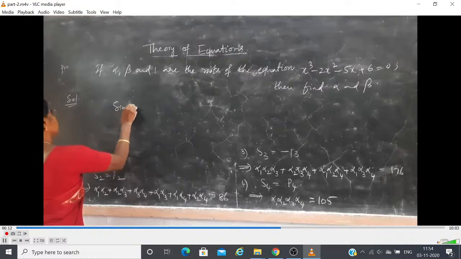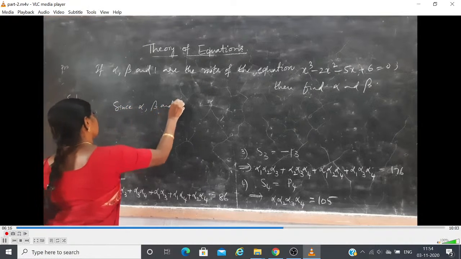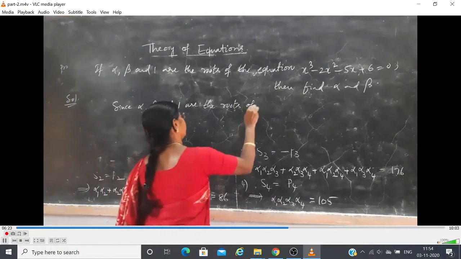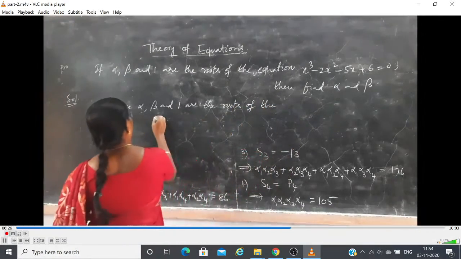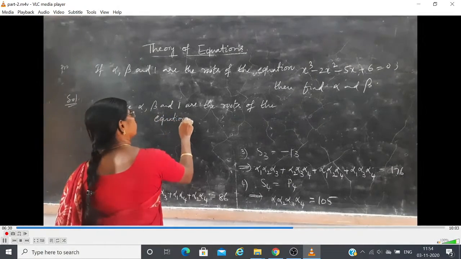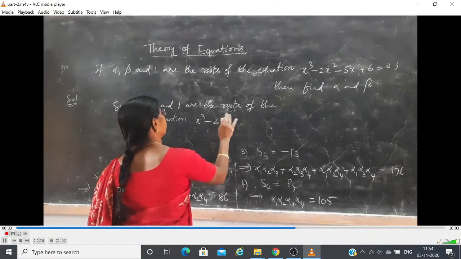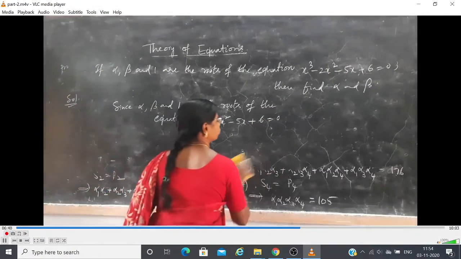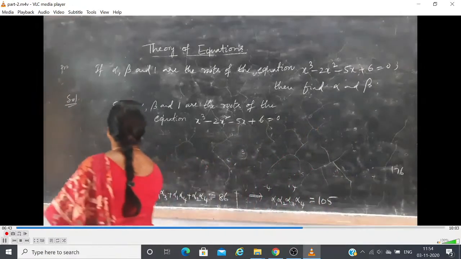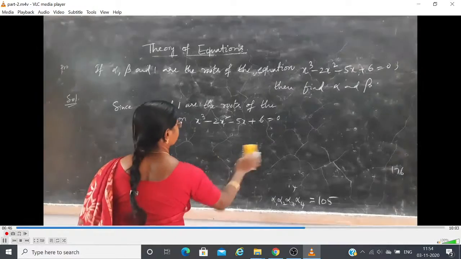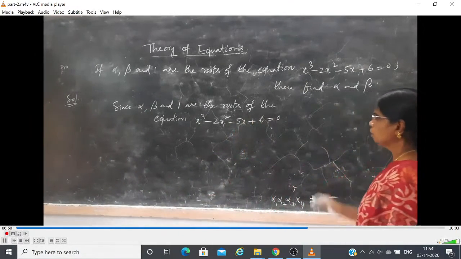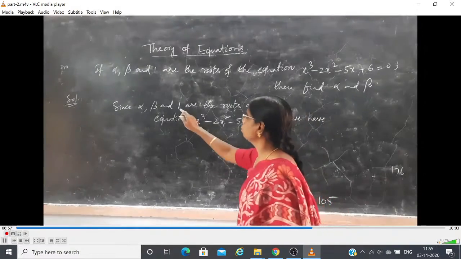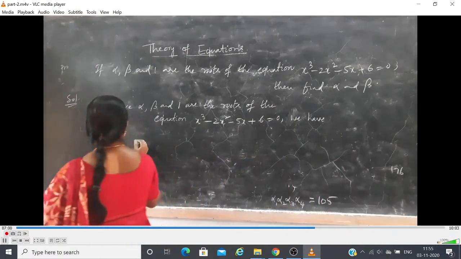Since alpha, beta and 1 are the roots of the equation x cube minus 2x square minus 5x plus 6 equal to 0, we have, so I am going to write the relations.